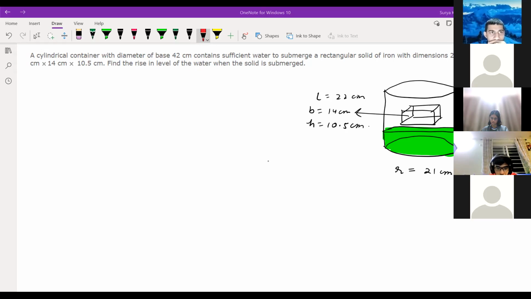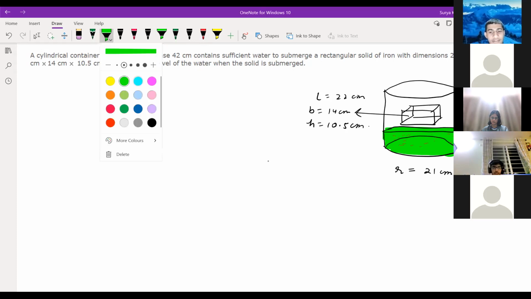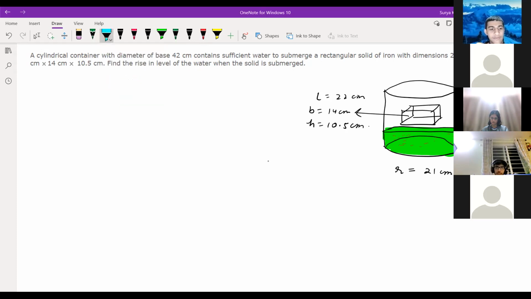See this, suppose water was still here before. Try to understand. Anything you can let, and this is going to rise now. If you are going to submerge this, the water will rise till here. Suppose this height by which the water increased, you take it as h, the height got increased.